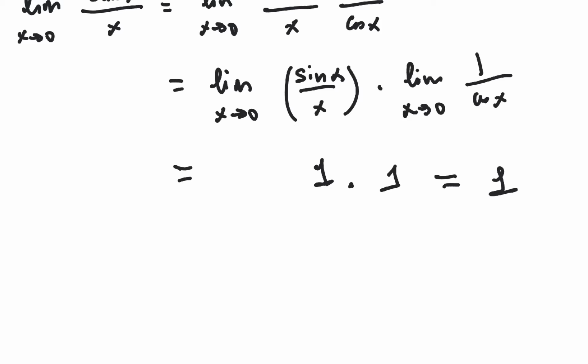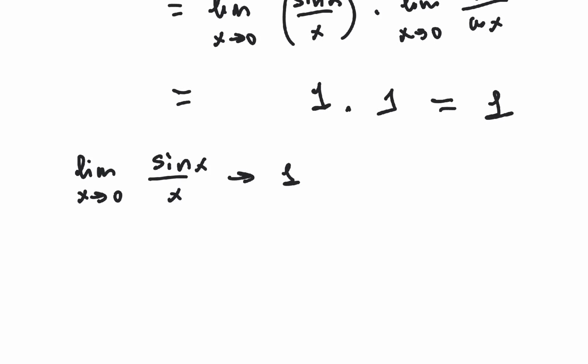Now, see the things. What it means that the limit when x tends to 0 of sine of x divided by x tends to 1? It means that sine of x is very similar to x when x is around 0.